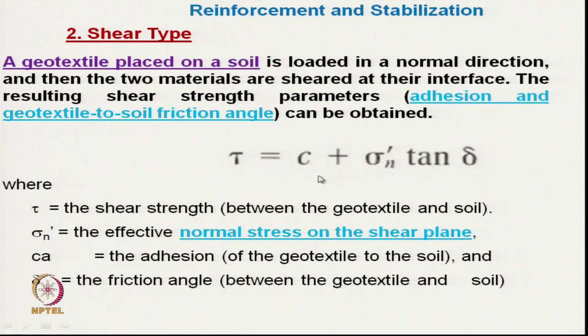Now, while measuring the shear strength between soil and geotextile, we must know the soil to soil shear condition. This is important because we must assess whether the application of geotextile actually enhances the shear characteristics or deteriorates them.